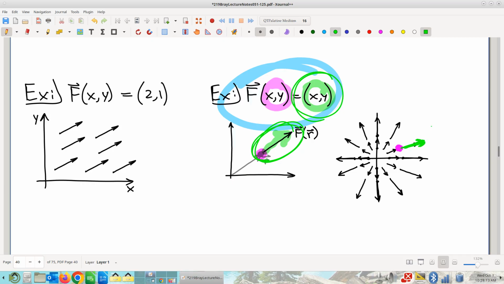I was just curious, in 3.2 and 3.3, we've been using capital F. Is there any reason for that? Arbitrary convention. Don't look too deep. It doesn't mean much. Does the F with the arrow indicate a vector field? Absolutely. And we don't always do it. That's the confusing thing. Sometimes we have vector valued functions.